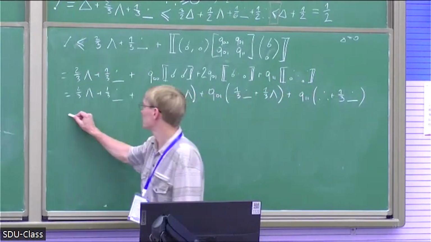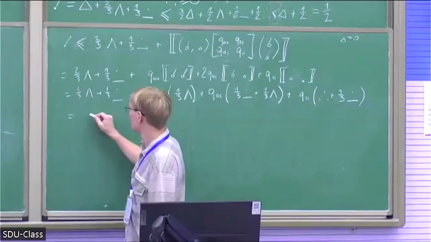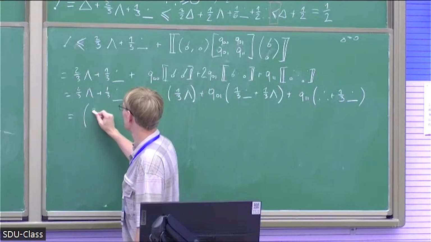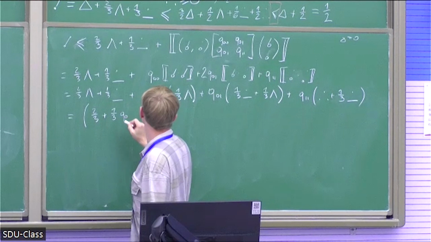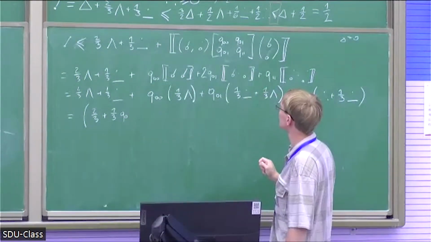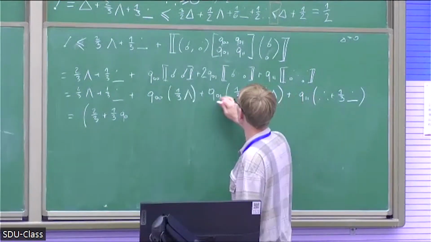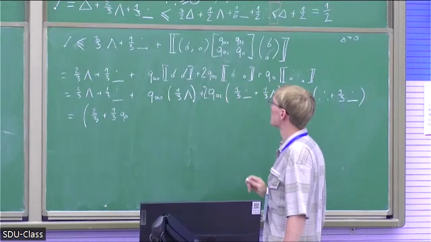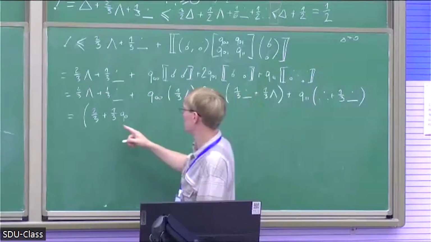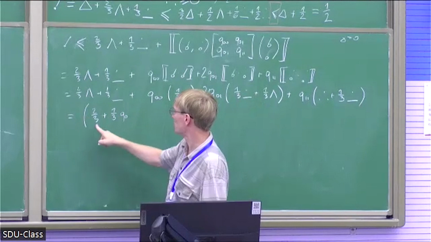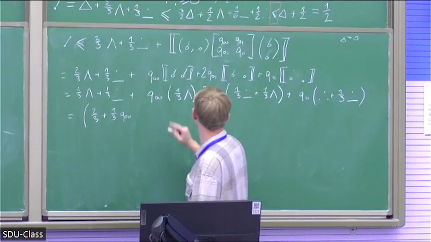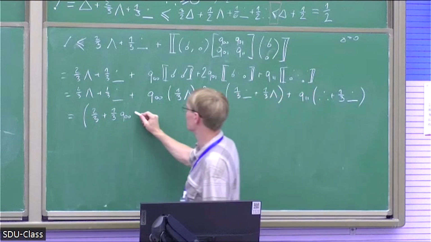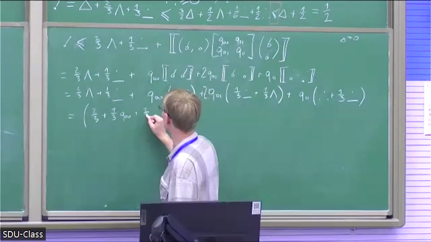So what I get now is that cherry is multiplied by 2/3 plus 1/3 of this thingy. No, I'm missing 2. Yeah, this 2. Cherry is multiplied by 2/3 plus 1/3 of this plus 1/3 of 2/3 of this.